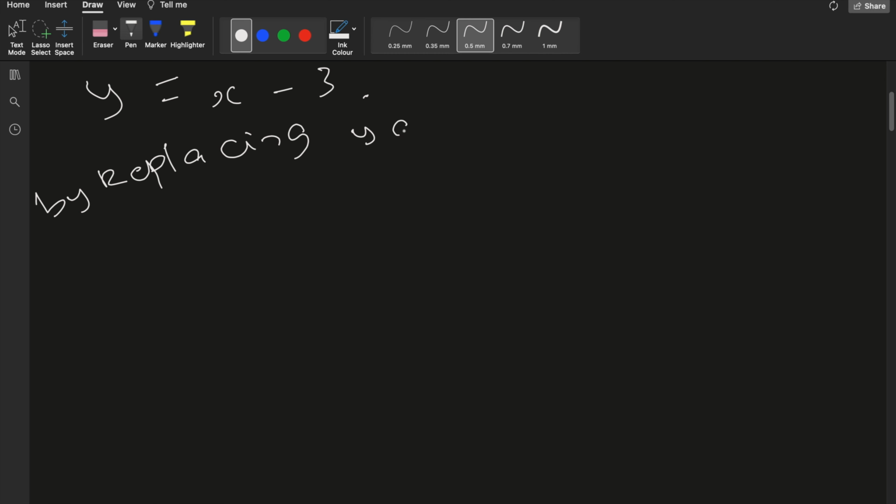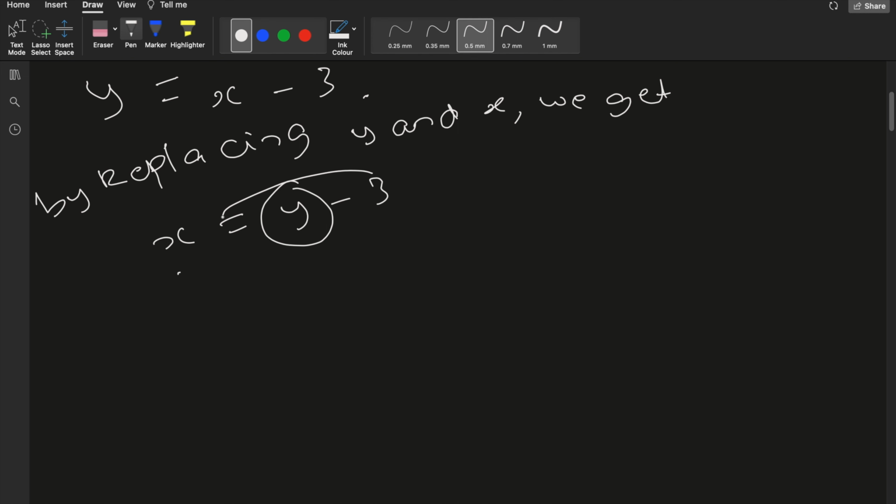I'll just take y equals x minus 3. I think this is the simplest you can go. Swapping y and x, we get x equals y minus 3, and we have to make y the subject of the equation.